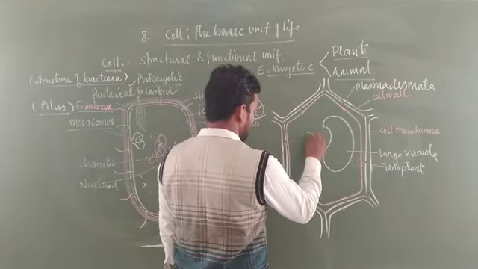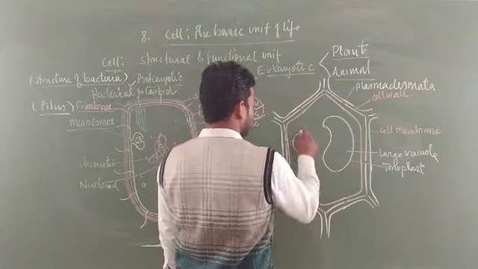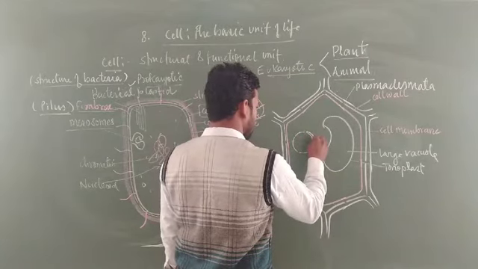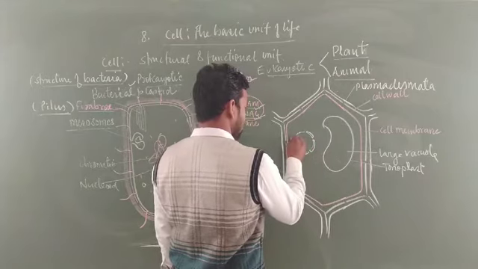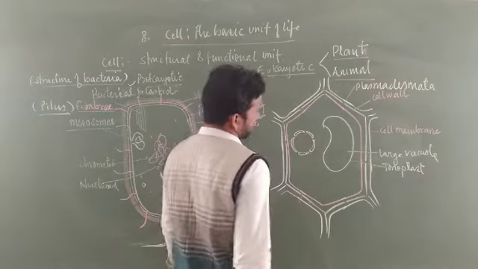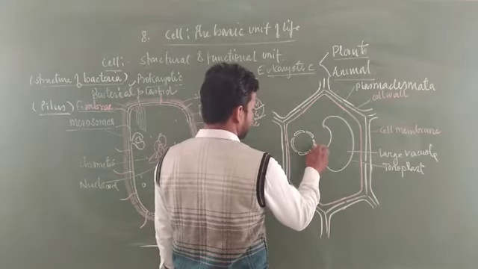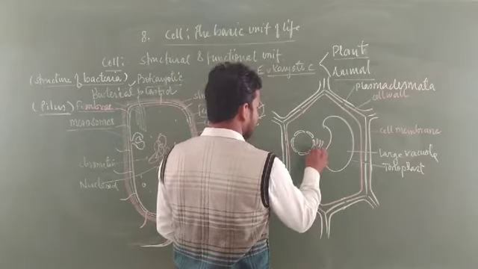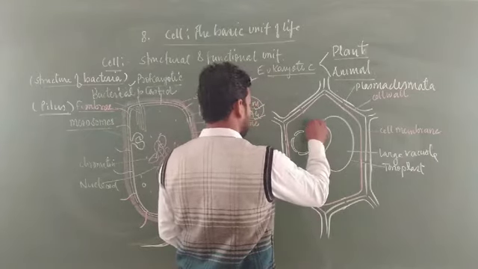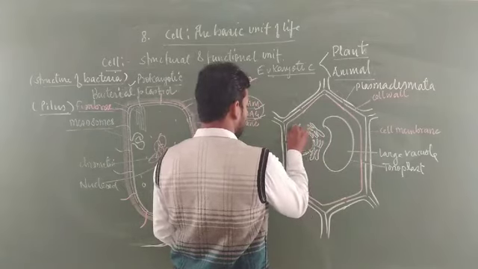And this is a nucleus, a double membrane bound cell organelle. Due to the formation of the large vacuole, the nucleus is shifted to the peripheral region.